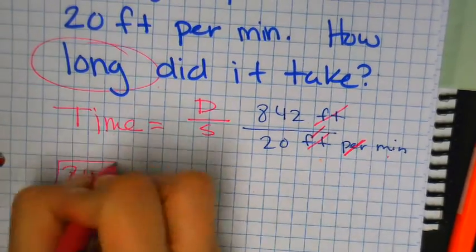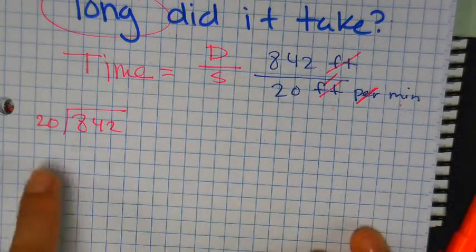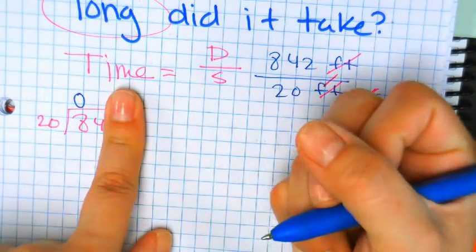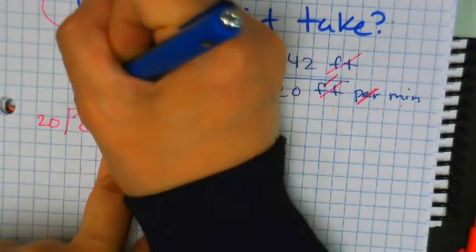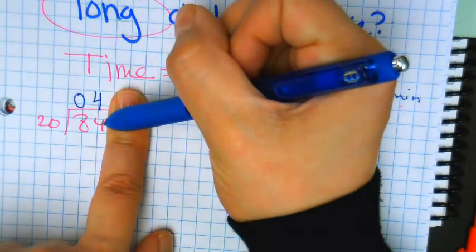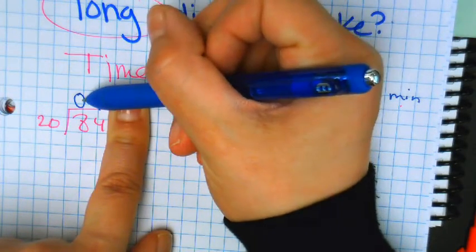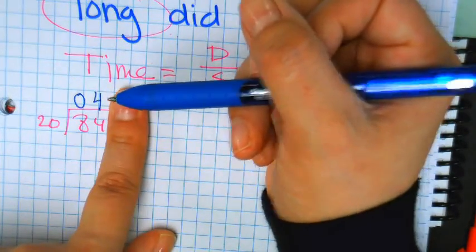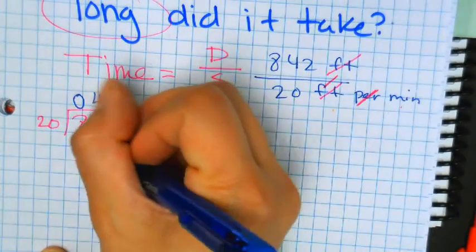842 divided by 20. Does 20 go into 8? Does 20 go into 84? How many times? 4. The 4 goes on top of the 4. If you put it somewhere else, you get a wrong answer. I put that 0 on purpose to show you it doesn't go into 8, it goes into 84. 4 times 20? 80.